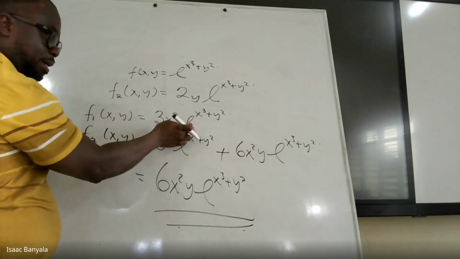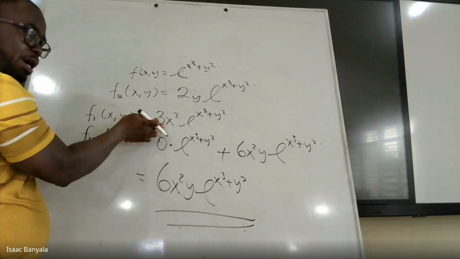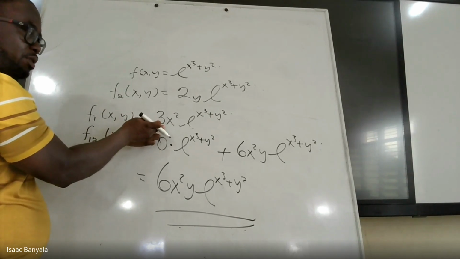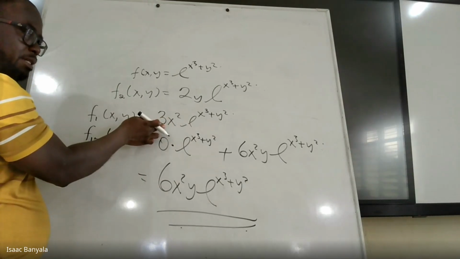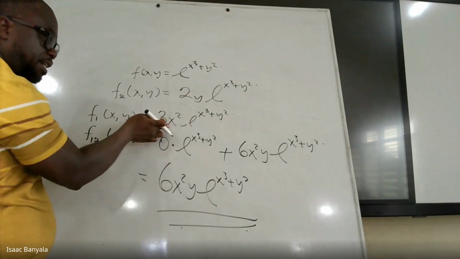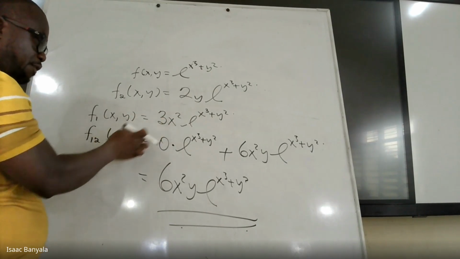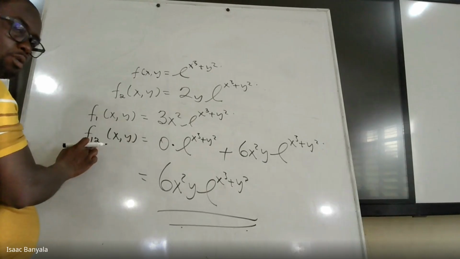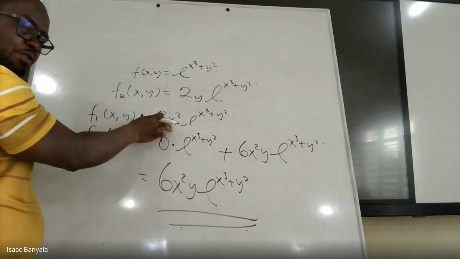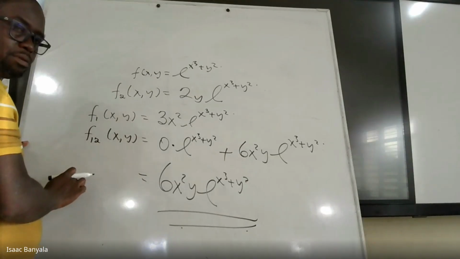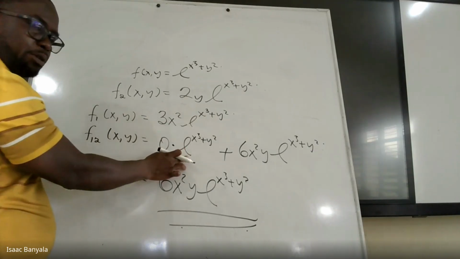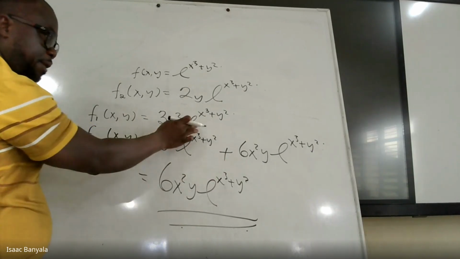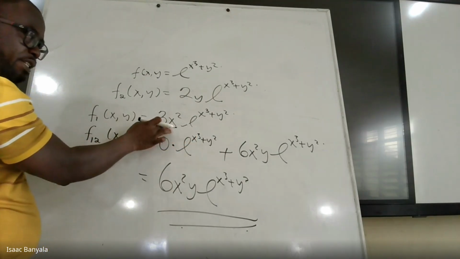We keep this one and differentiate this. We are using the product rule. So we keep this, we differentiate this with respect to y. There's no y there, so if we differentiate, we get 0. Then we keep that one. Then plus, remember we kept this and we differentiated this.